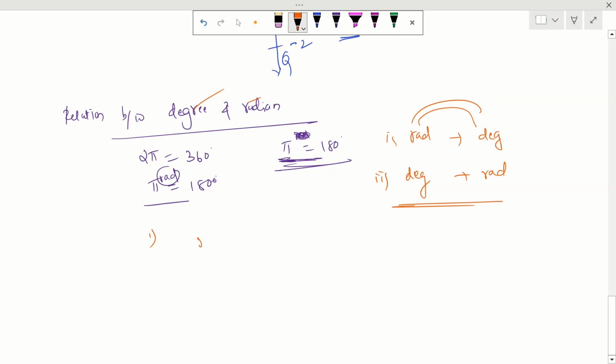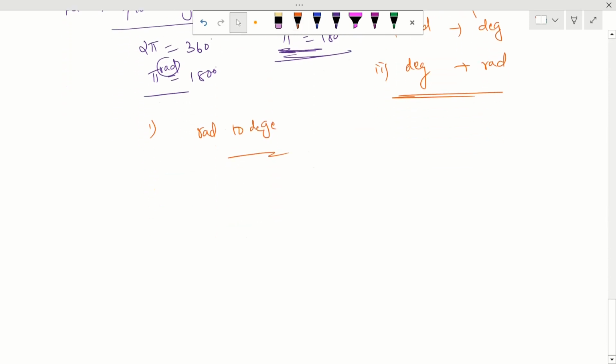Here radian is given, so we have to call radian. Pi radian is equal to 180 degree. Then what is 1 radian? 1 radian is equal to 180 by pi. This is the conversion.